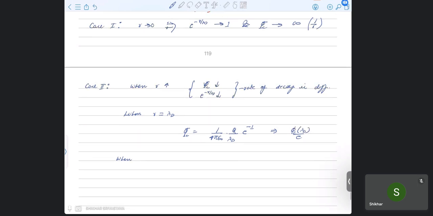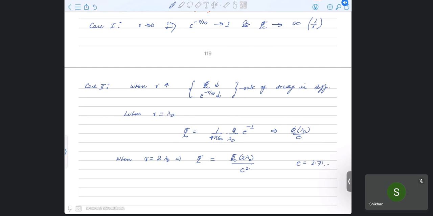Now suppose your r becomes twice lambda D. In this case, this is not Coulombic, I will write total potential. So the total potential will become the Coulombic potential at 2 lambda D upon e square. Now e is what? e is 2 point something, I don't remember, 7 1 something.